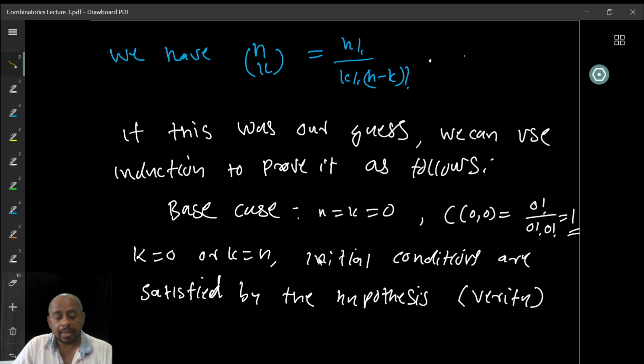Suppose we tried out several examples and came up with a guess that n choose k grows something like n factorial by k factorial into n minus k factorial. But suppose we did not have a proof, but only a guess.